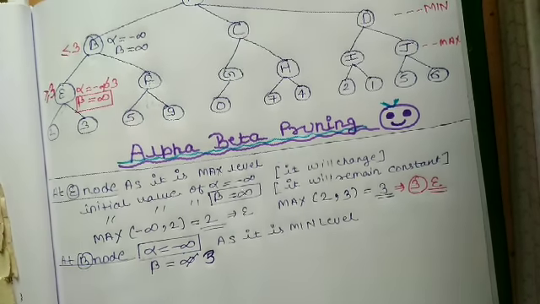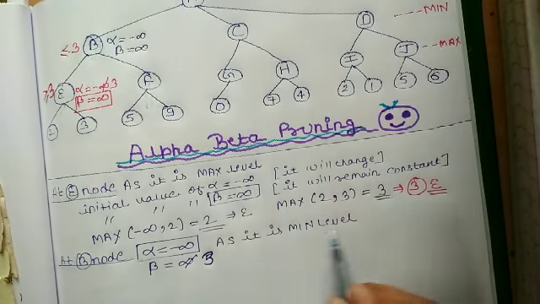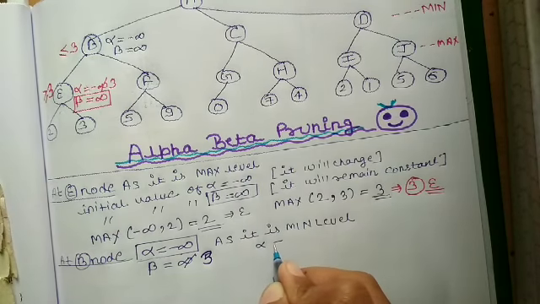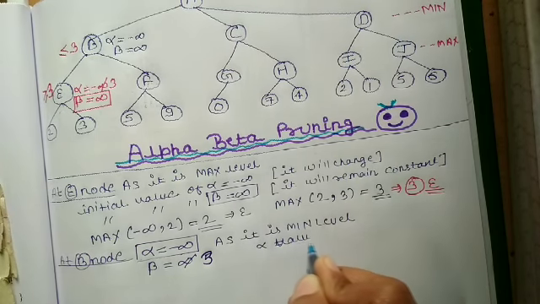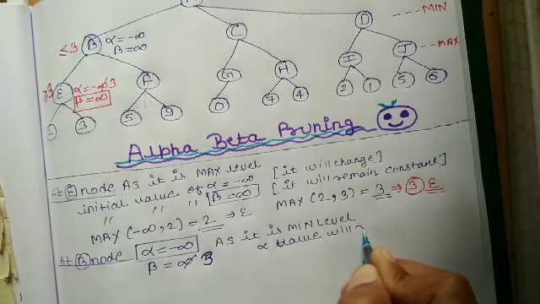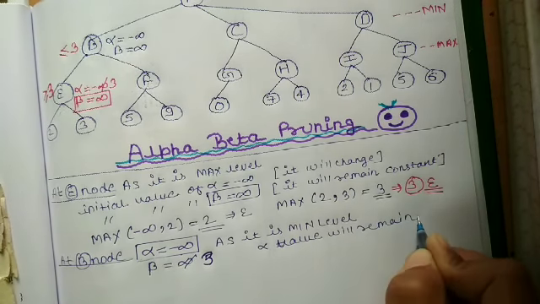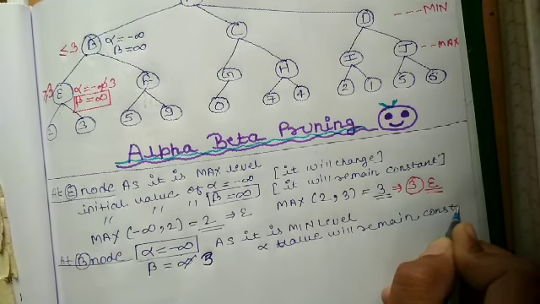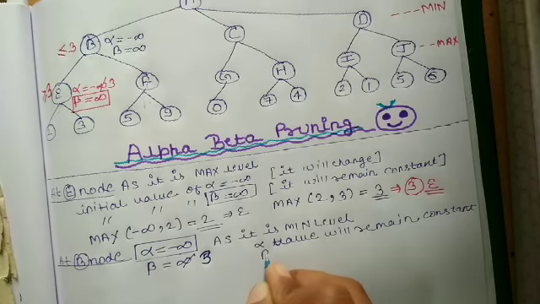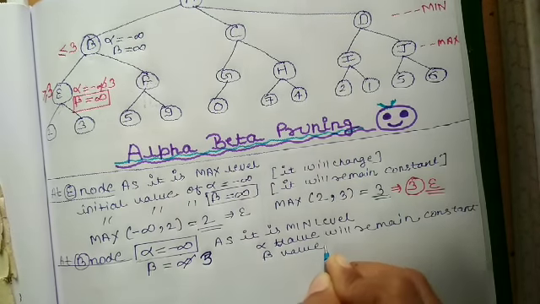Okay, you can write the theory just like this. As it is a minimum level, the alpha value will remain constant and the beta value changes.